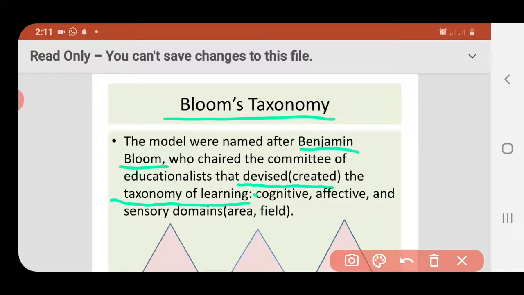classification of learning. What was their classification? They classified learning in three steps. And what were these steps? Cognitive domain, affective domain, and psychomotor domain. And I told you that domain means area or field.